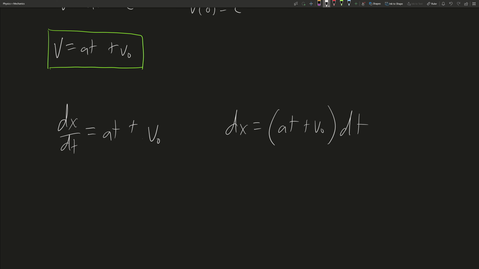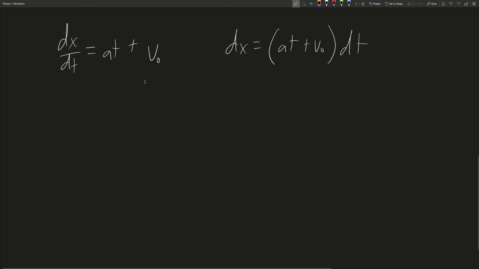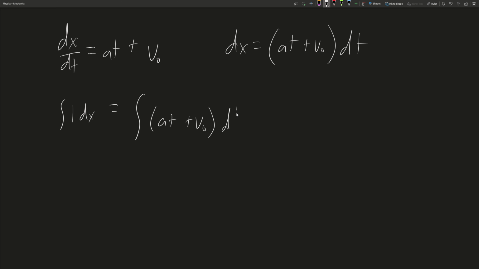And now integrating this like we did above, we have the integral of 1 dx is equal to the integral of at plus v0 dt. And that gives us that x is equal to 1/2 at squared plus v0t plus, again, the constant of integration. Now we can call x at time 0 the initial position.